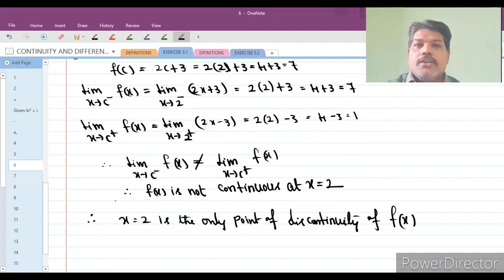Do you understand, students? So the function is continuous except 2 in the domain of f of x. That meaning is the function is continuous everywhere except 2. So see that question, students, and practice this question.